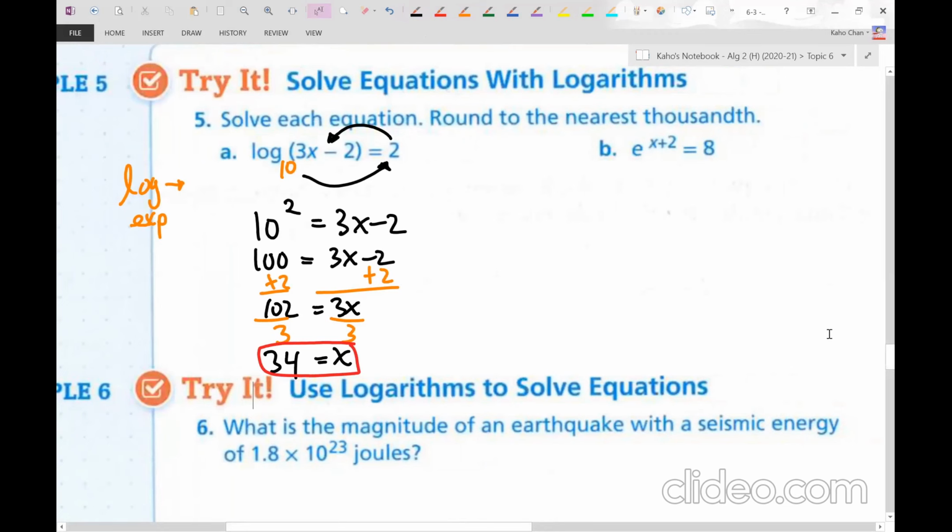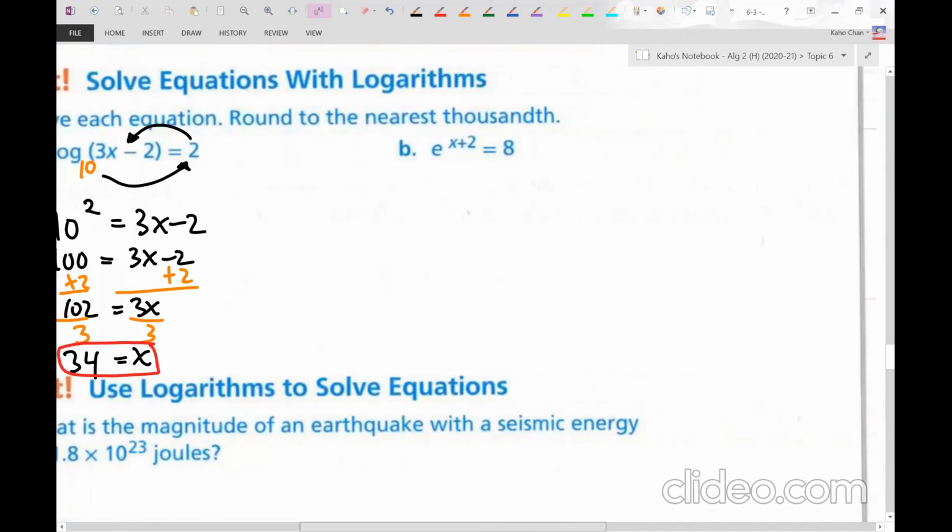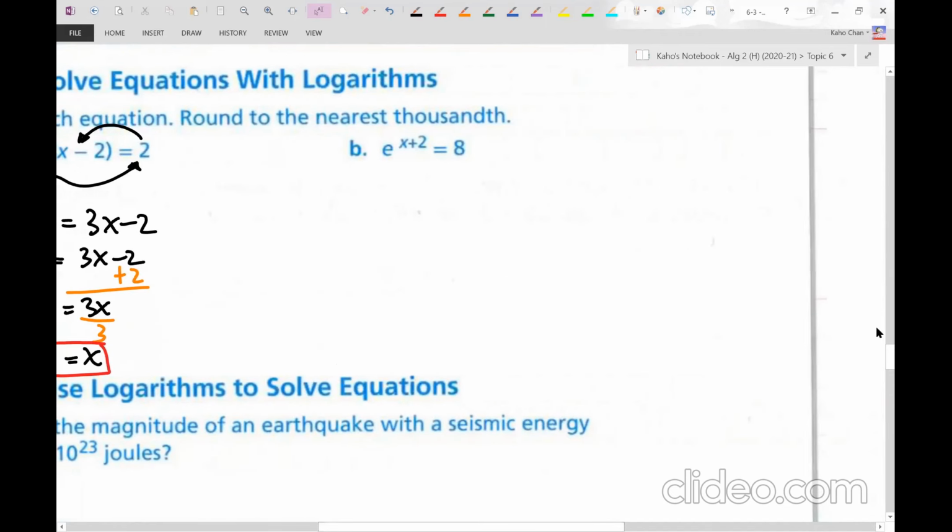Oh, we have e to the x plus 2 equals 8. So what I'm going to teach you right now is a trick to get rid of e. e is the natural base. There's a cool trick. Moments ago on the previous page, I showed you log base b of b to the x is equal to x.